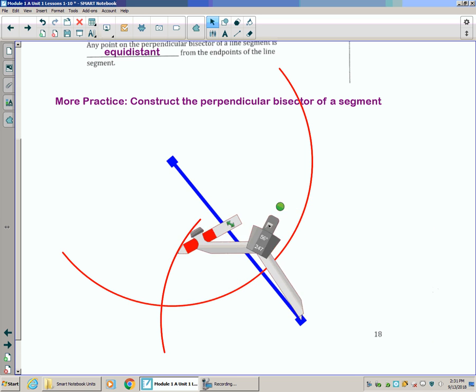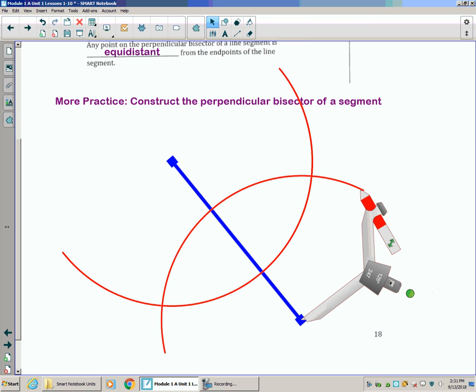Half circle on one side and the other. And just like before, I'm going to connect those two X's, and that pink-purple dotted line is our perpendicular bisector. Little right angle tells me it's perpendicular, and those two little slashes tell me that that segment was bisected.